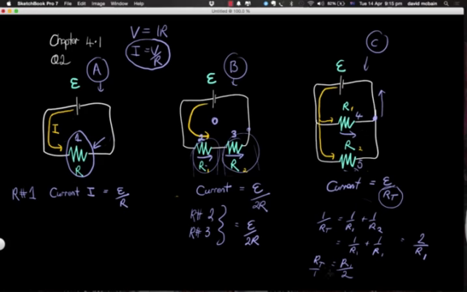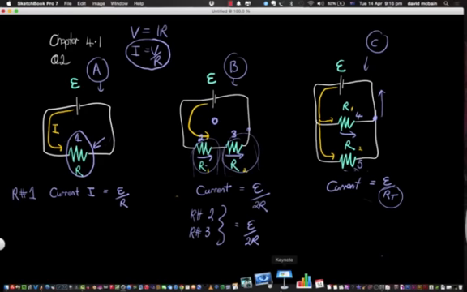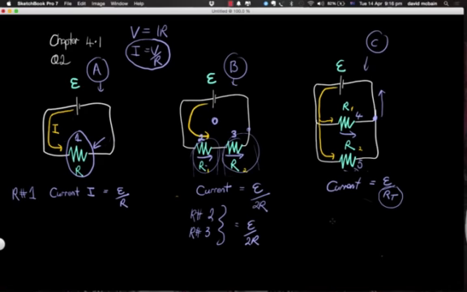Okay, so if I now just rub this out, I can say that in this final circuit, the current coming out of the battery will equal E over R over 2.